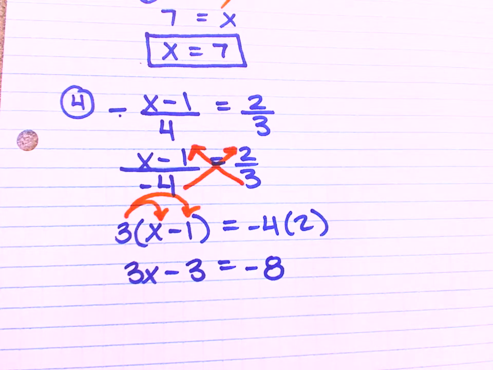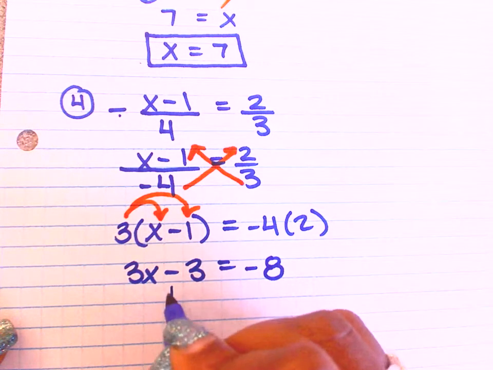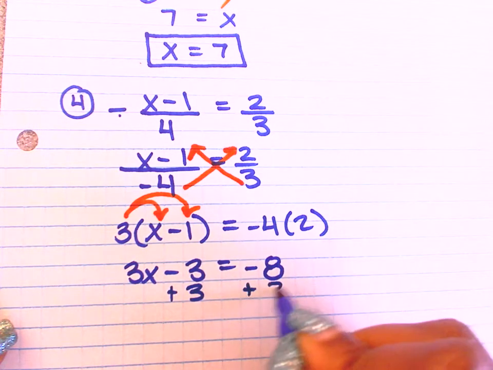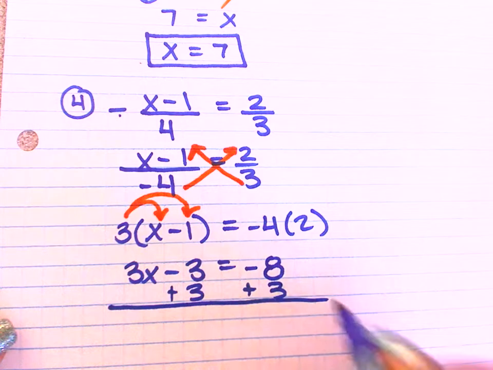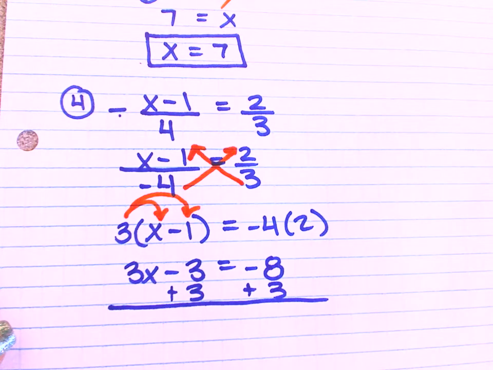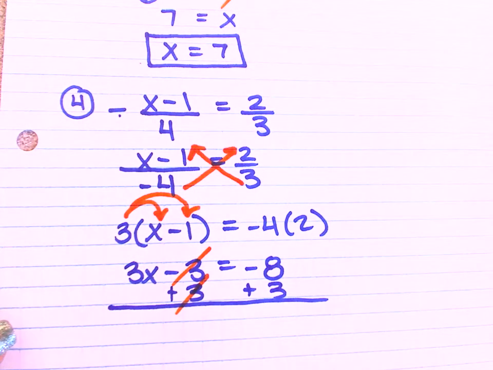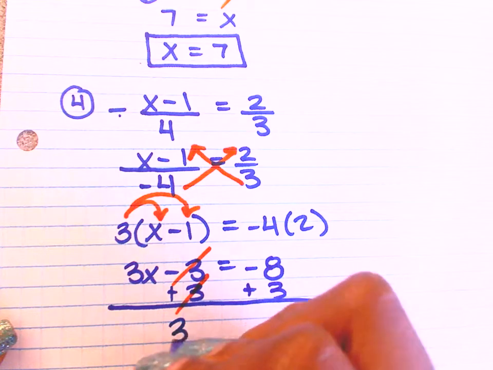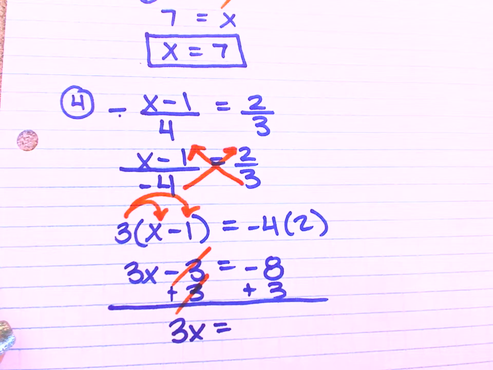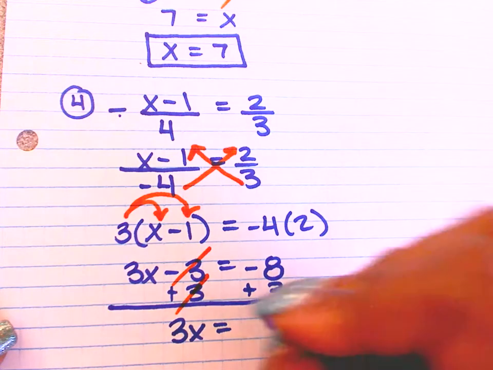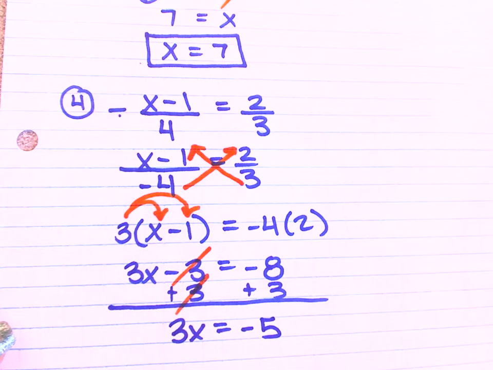Negative 8. So now I'm going to get the variable by itself. So isolate it by adding 3 on both sides. You know, your line under. My 3's cancel each other out. So I'm left with 3x on the left side. Negative 8 plus 3 is a negative 5.